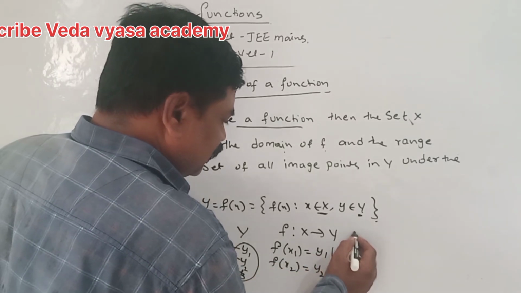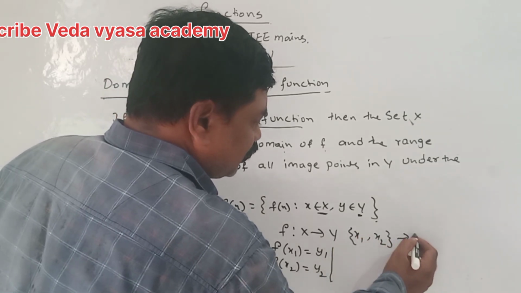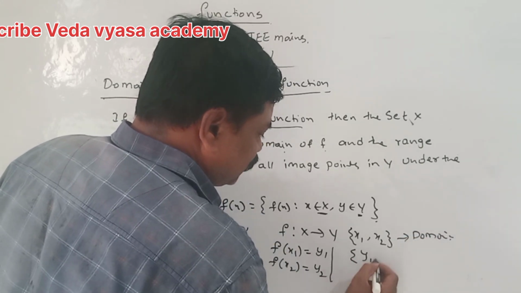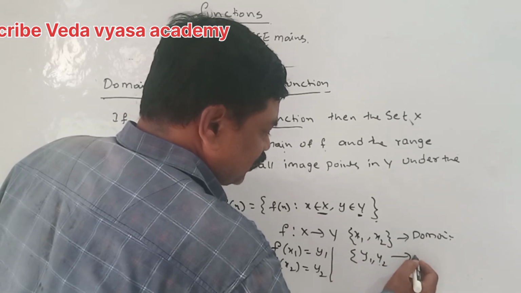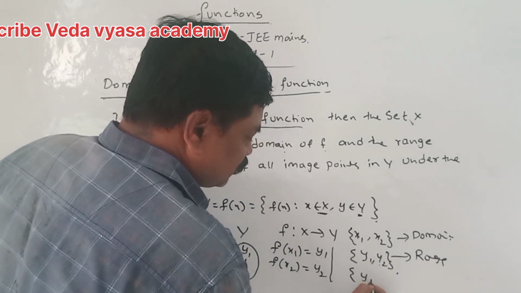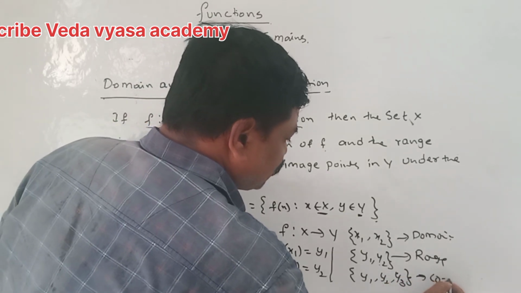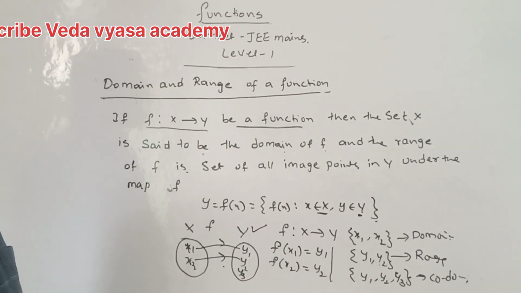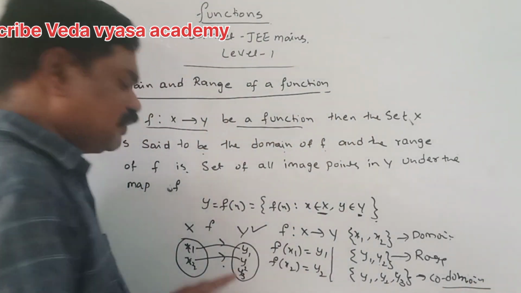Then the set {x1, x2} is the domain, the set {y1, y2} of images of x1, x2 is the range, and the set {y1, y2, y3} is the codomain. This means set Y is the codomain.